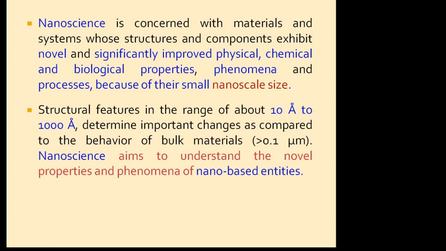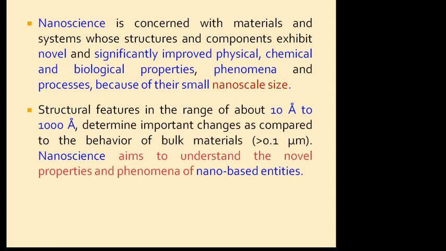There is one very special structural feature that is also observed. The structural features are in the range of about 10 angstrom to 100 angstroms, or you can say 1 nanometer to 100 nanometer.